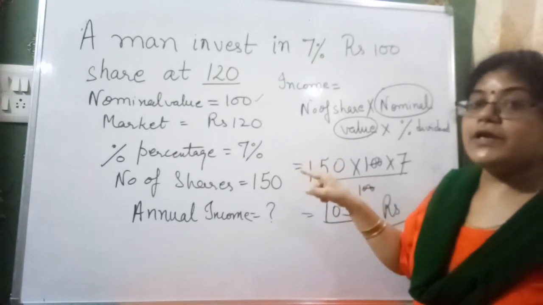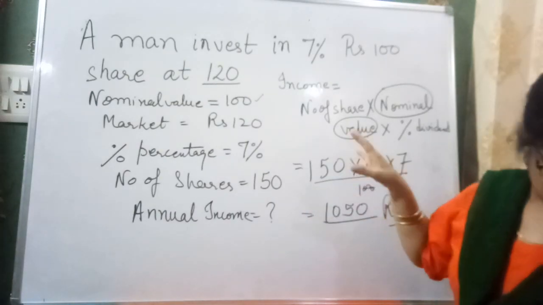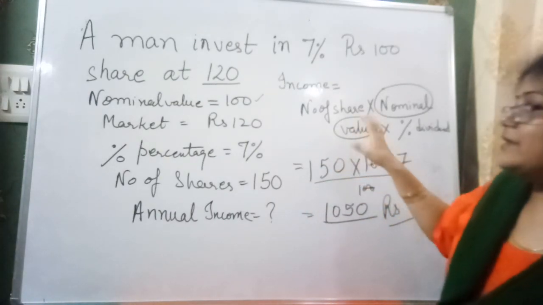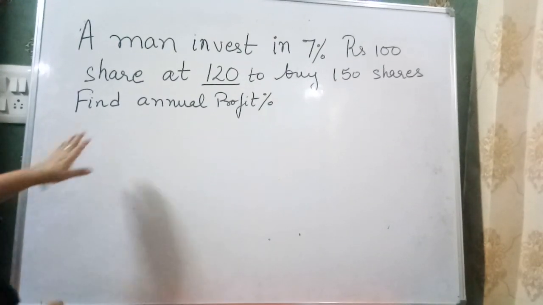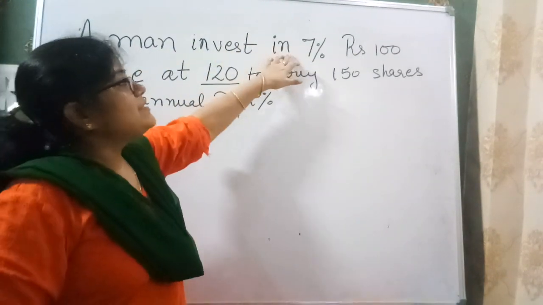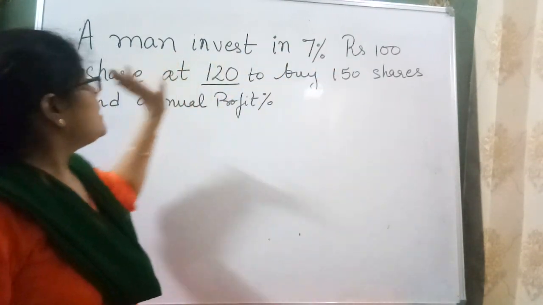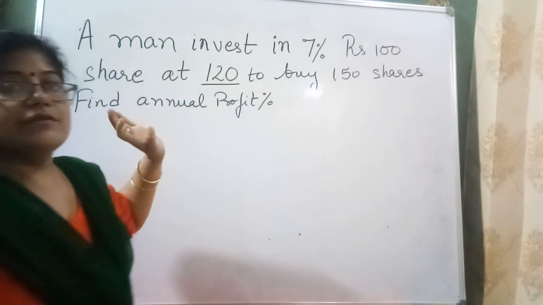And one more thing, I will extend this question to another topic. Just note that down. Now see another question. A man invests in 7% rupees 100 share at 120 to buy 150 shares.